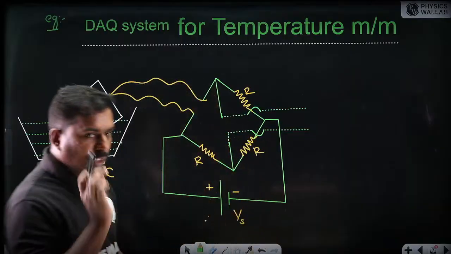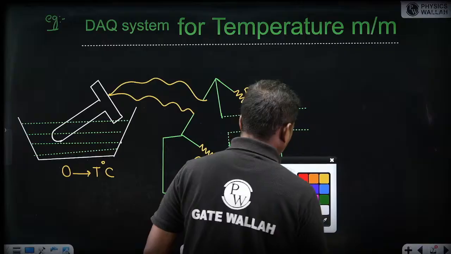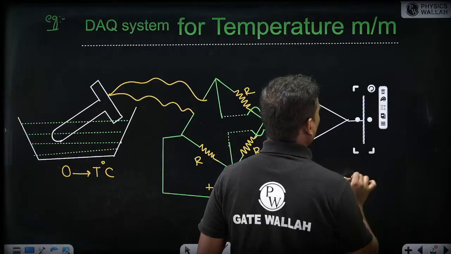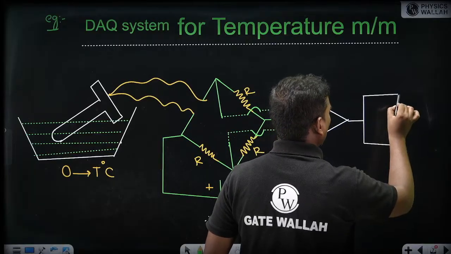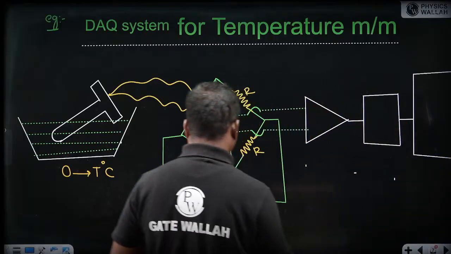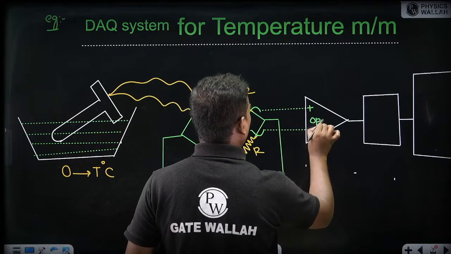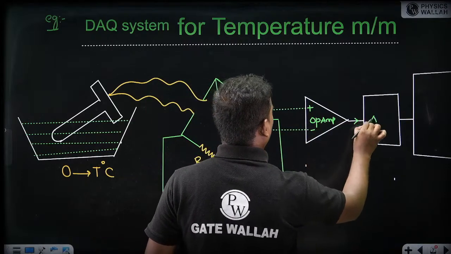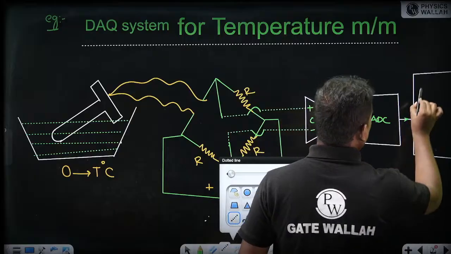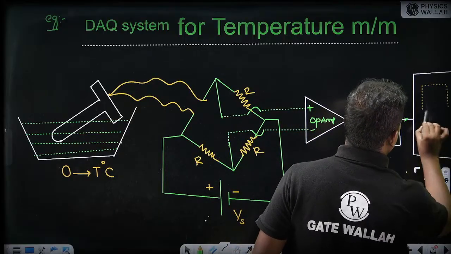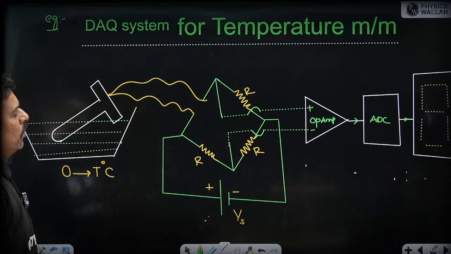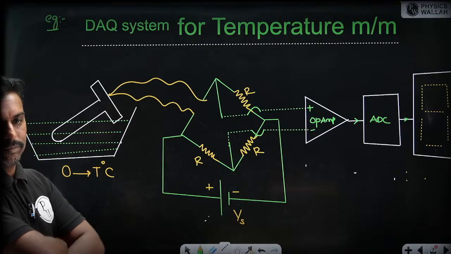Once the bridge voltage comes, we can connect it to the operational amplifier. Op amp output is connected to the ADC. ADC output is connected to the display. So this is the operational amplifier, this is the analog to digital converter, and this is what we call a 7-segment display. Got it? So please note down.